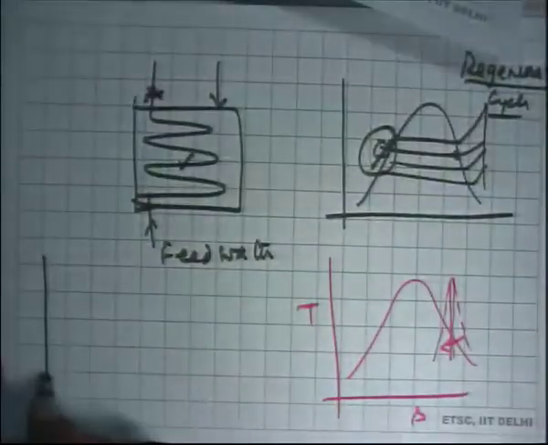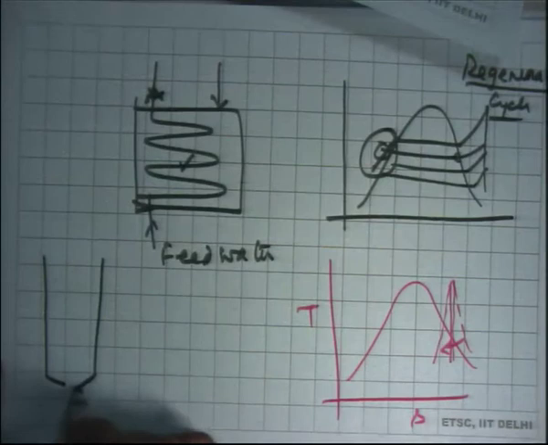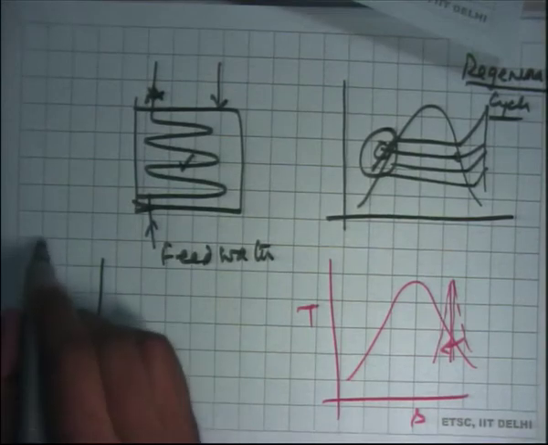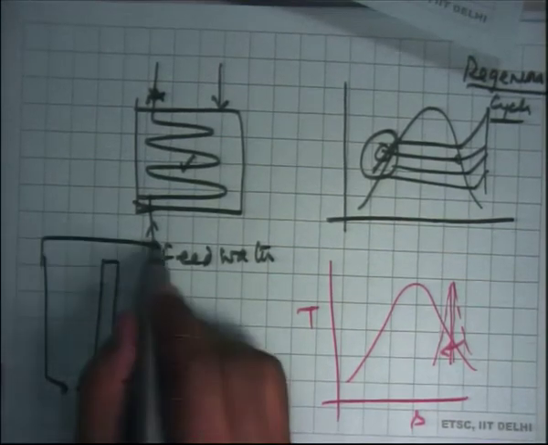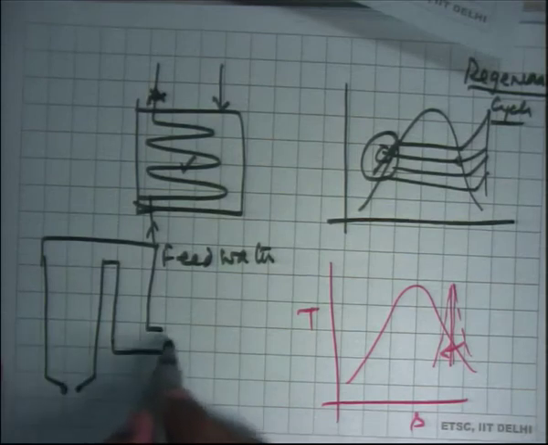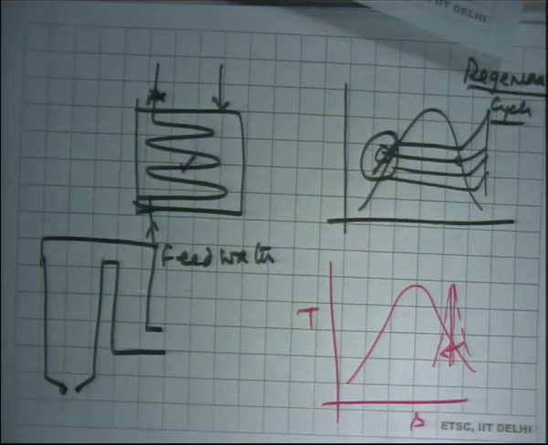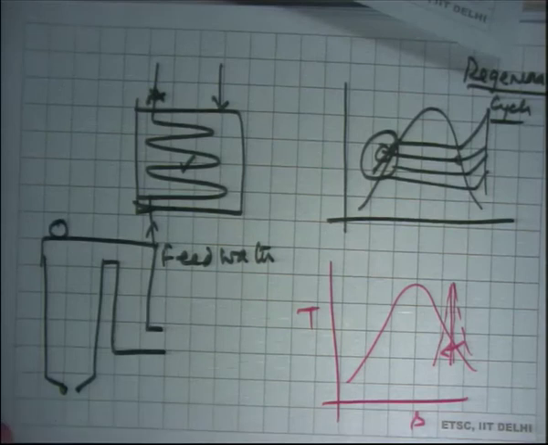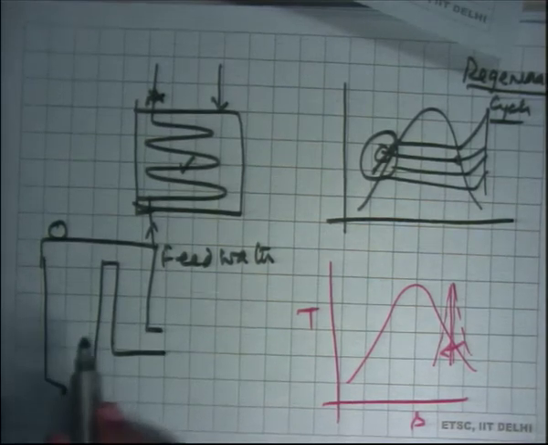Okay. So, where are these positioned in the boiler? If I look at the boiler that we saw, this is typically the shape of the boiler. The boiler drum is positioned somewhere here, the top, right.